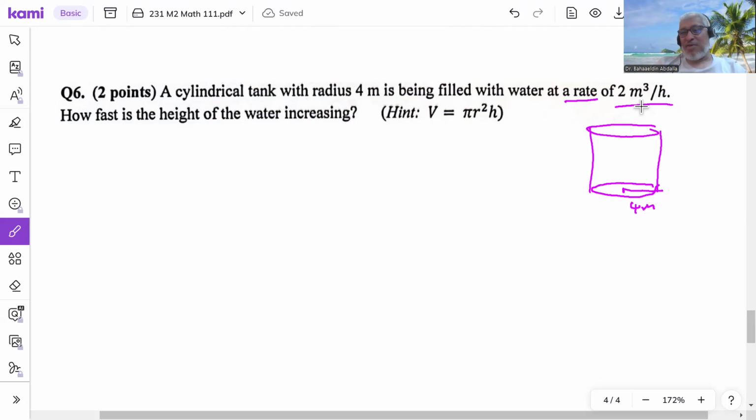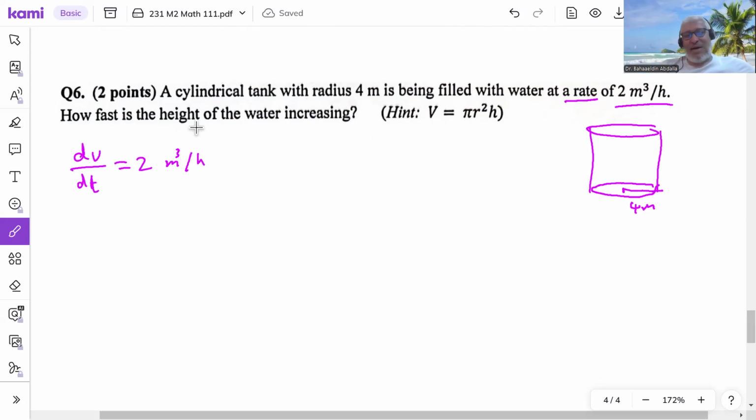So this is the rate of change of the volume, and the volume is called V. So in fact, dV by dt is 2 meter cube, because the volume is in meter cube and the time is in hour. So 2 meter cube per hour. So this is the rate of change of the volume with respect to time.